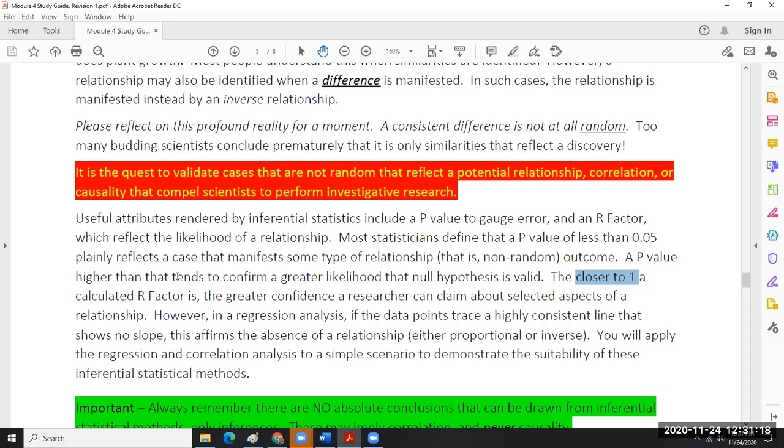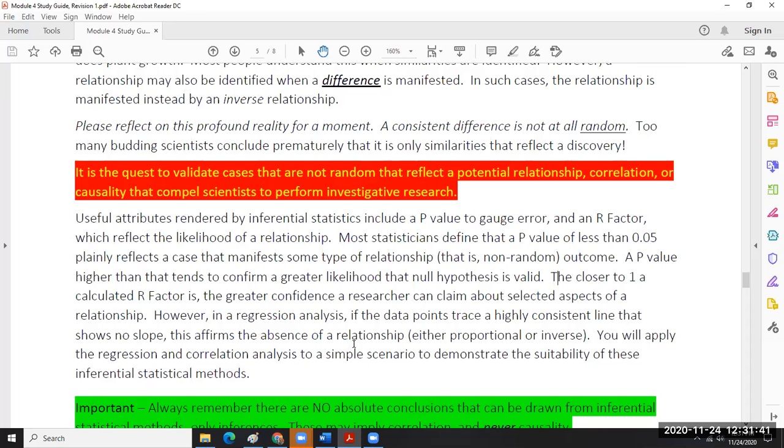But when the dots are patterns on a traced line or regression analysis, you trace the line where the data elements appear on the chart. If they're close to the line, the R factor is high. The closer it is to a 1, the greater confidence a researcher can claim about selected aspects of the relationship.